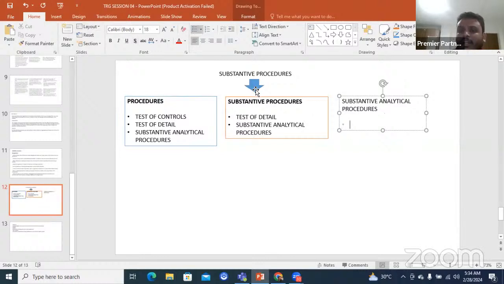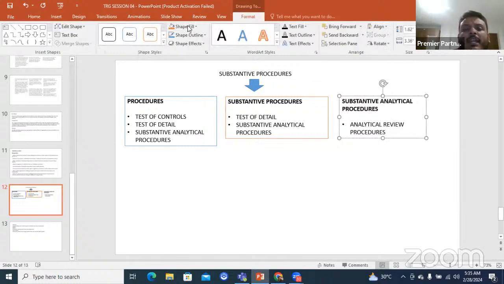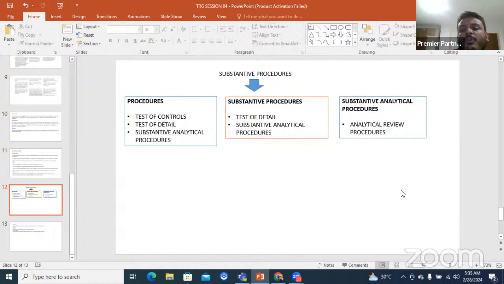You can write only ARP, analytical review procedures. So you should understand the verbs first. So first study the verbs. Based on that only you can draft your answer.